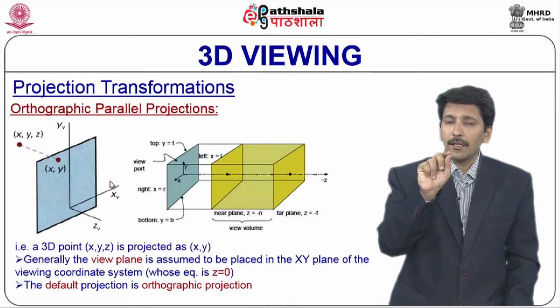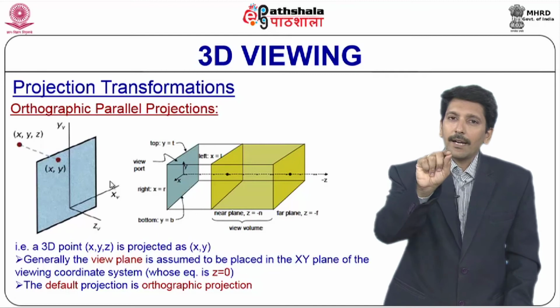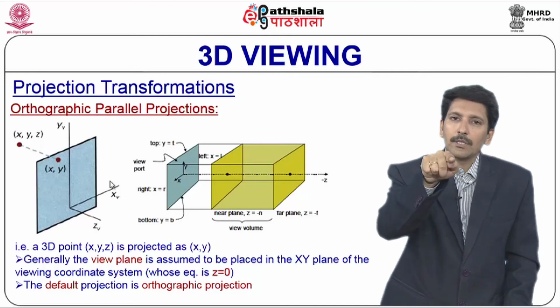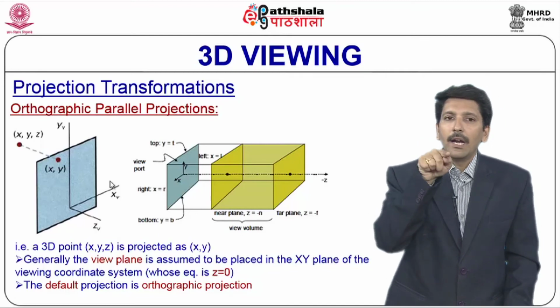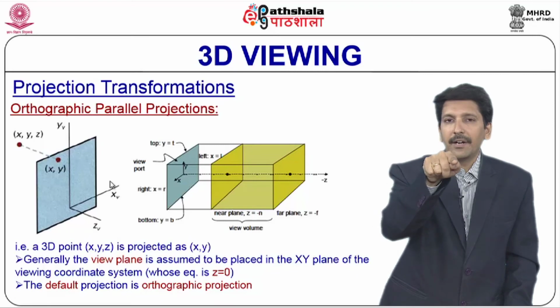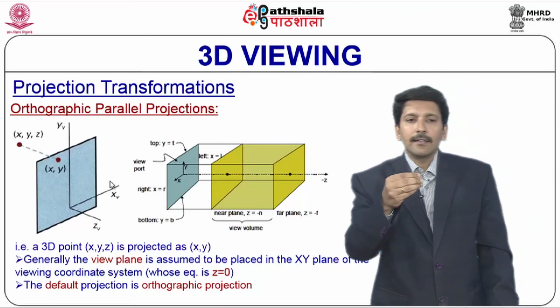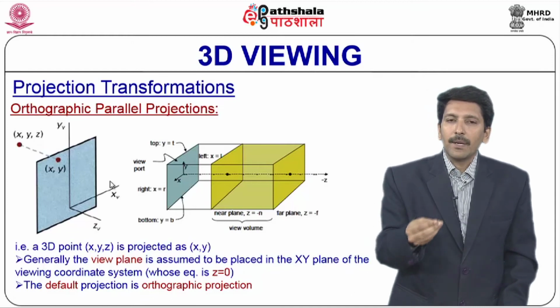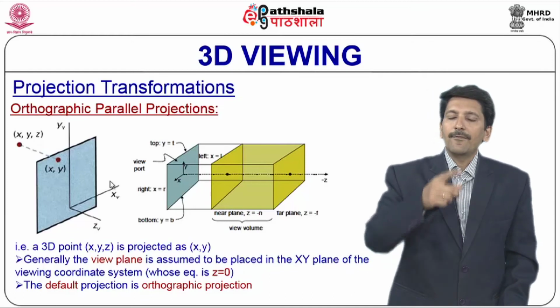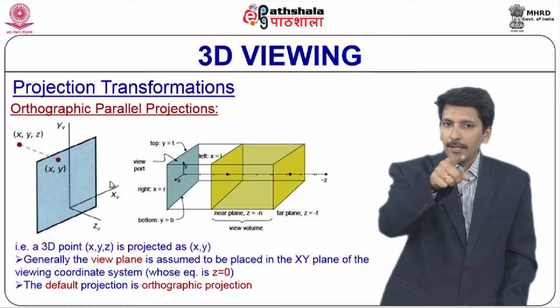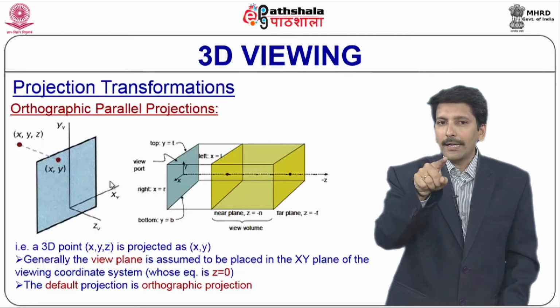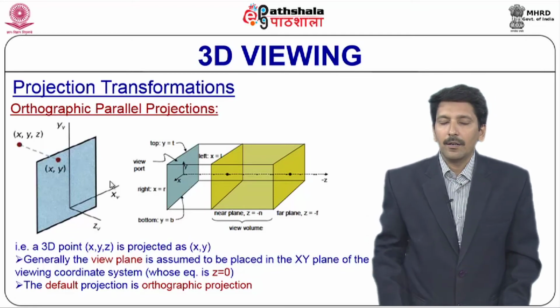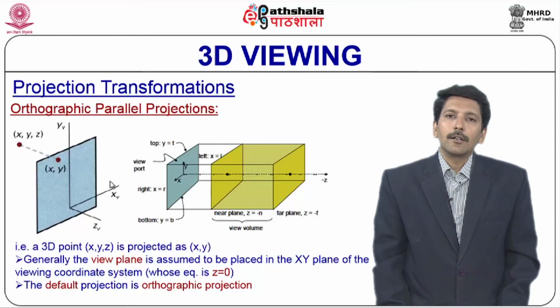Orthogonal means perpendicular. So, we are traveling along the reverse direction, which is perpendicular to the plane, and then we identify the position where it hits. The hit point actually has 2 coordinates, x and y, because on the xy plane the z coordinate is 0. If it has to be written exactly, the hit point will be x, y, 0.